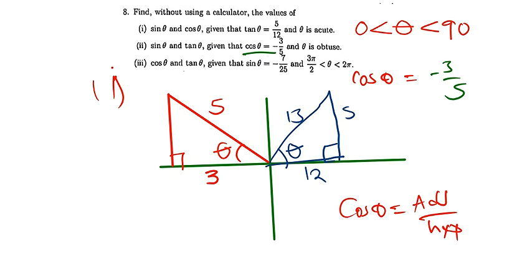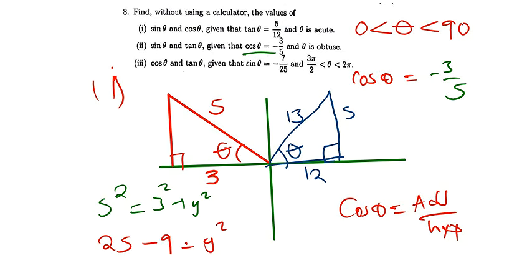Now we can find the opposite. So this is the longest side. 5 squared should be equal to 3 squared plus the missing side, let's call it y. 25, the 3 squared goes to the other side, becomes minus 9. That's 16. Root of 16 is 4.